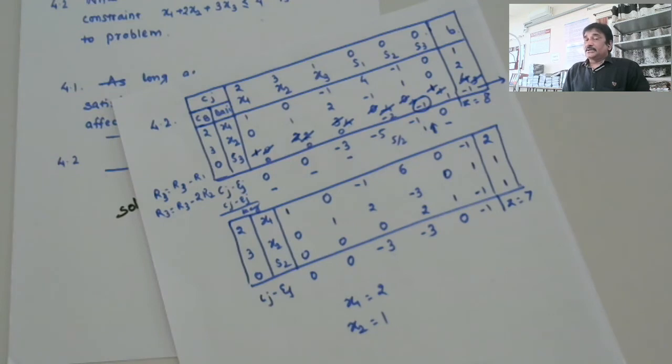And at a later time, after you get the solution for the 10 variable and 10 constraint problem, you can go on adding the variables one by one. It may happen that out of the 90 variables which you have not tried, many will be giving Cj minus Ej value negative.